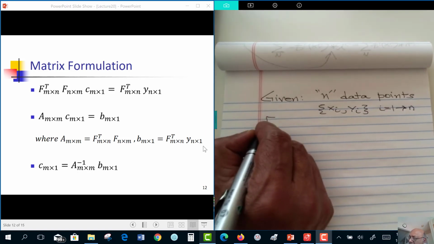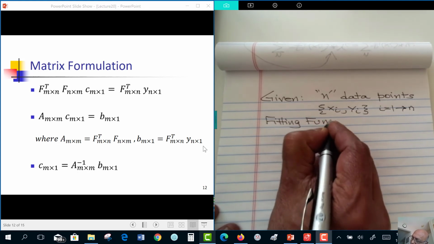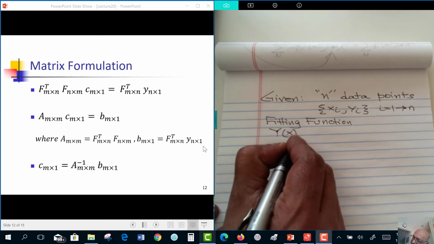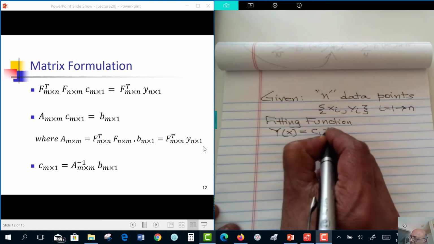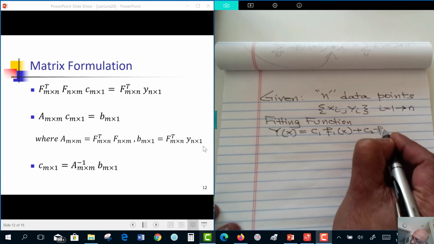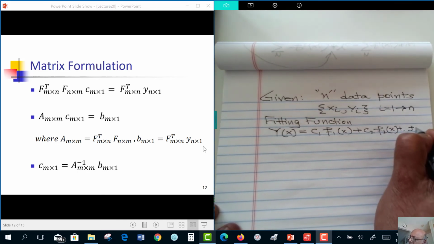We are also given a fitting function. And our fitting function is y as a function of x is c1 times f1 of x, c2 times f2 of x, and on to m.